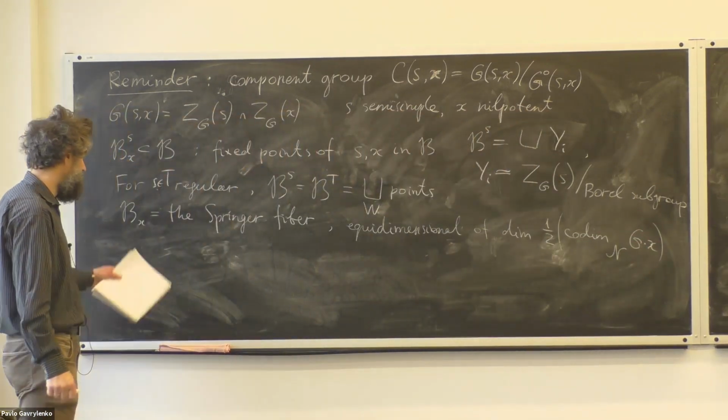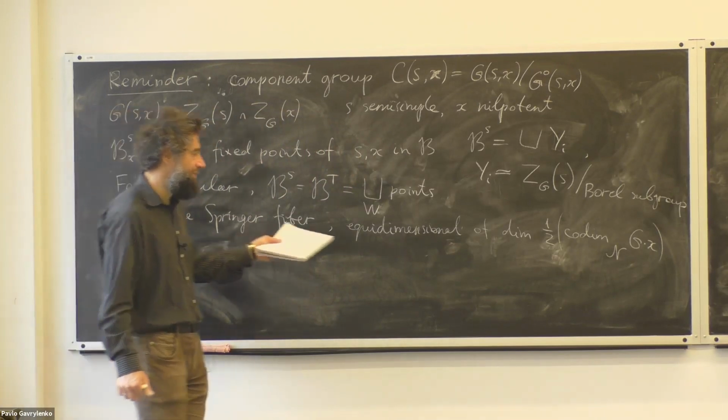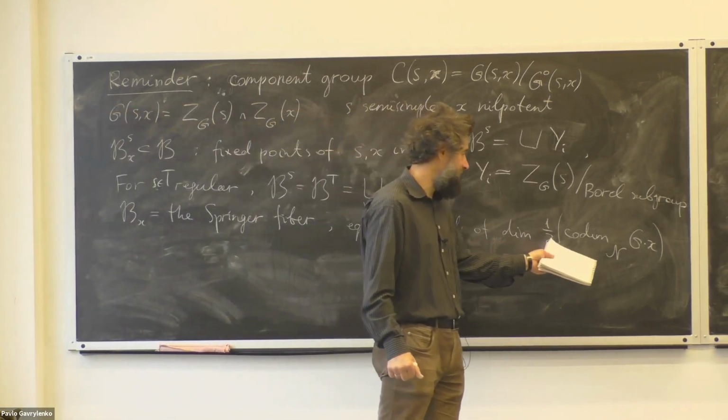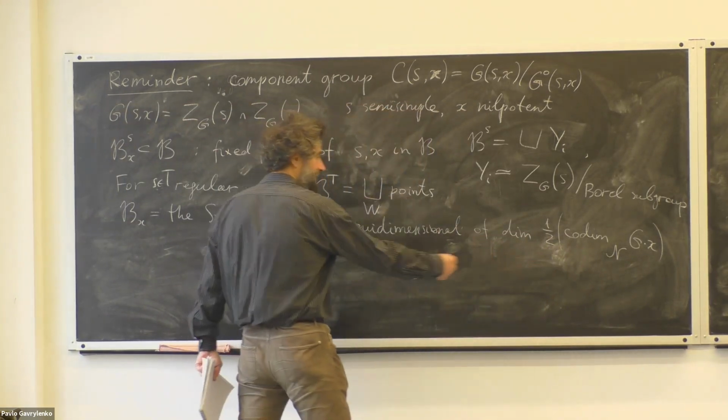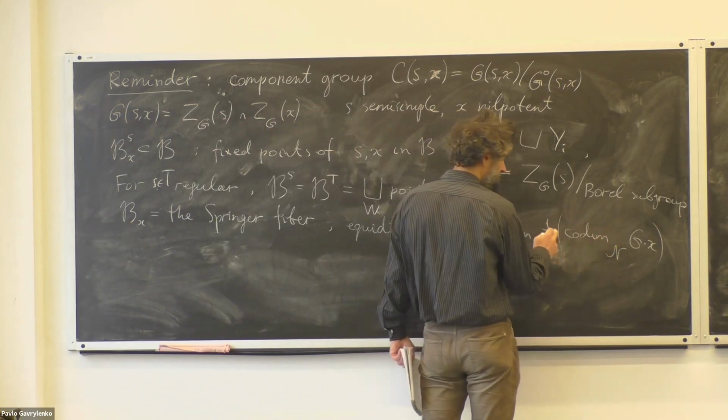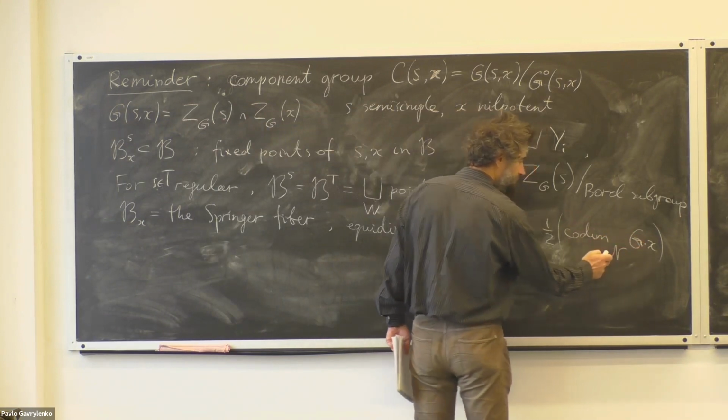Okay, so in other words, the Springer resolution is strictly semi-small. The dimension of the fiber over some orbit is exactly 1/2 of its codimension in the whole nilpotent cone.